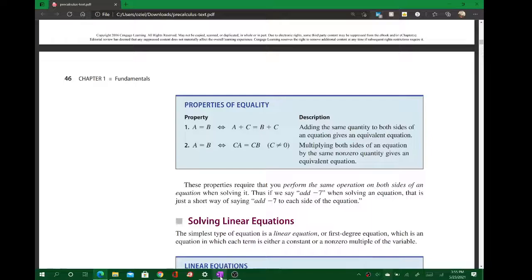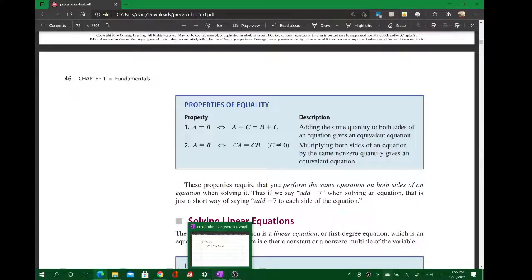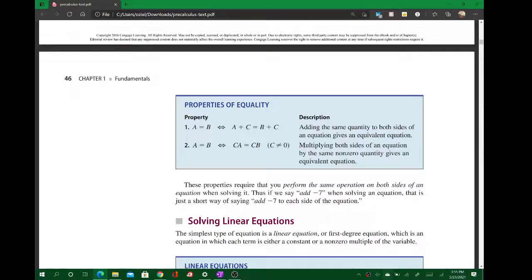And it's such that c does not equal 0. So anything nonzero that you multiply will give you a equals b.